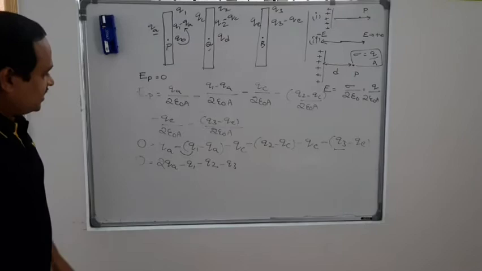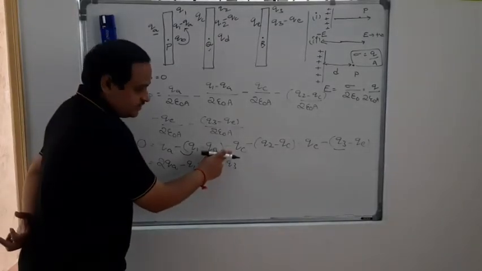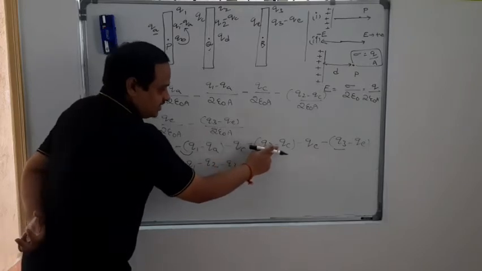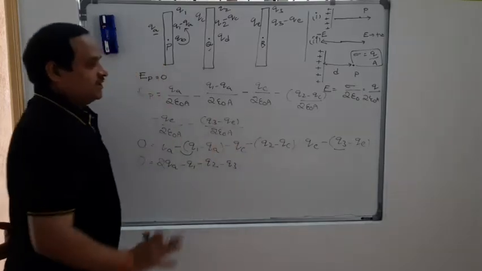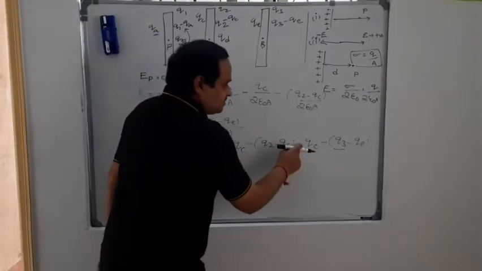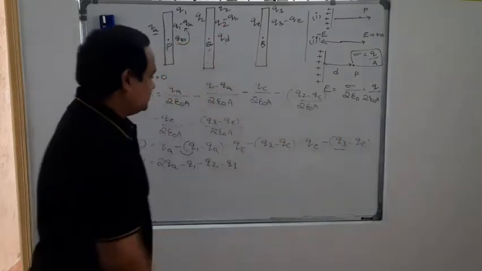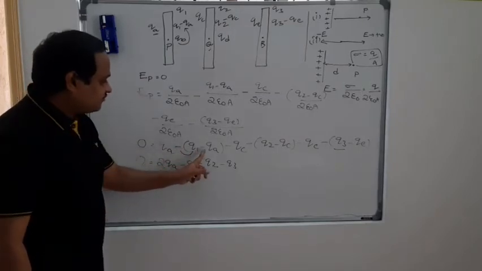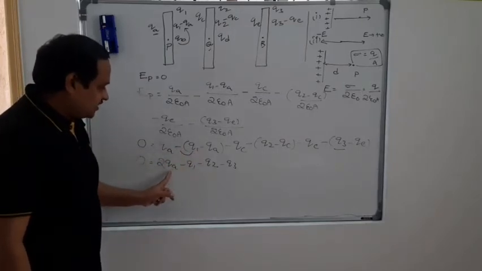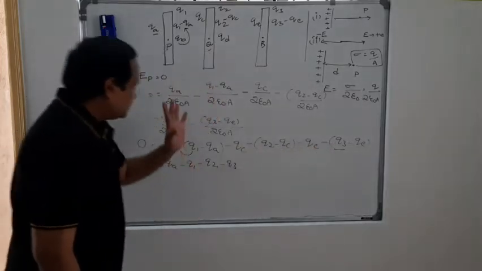Next, what are the leftover things? So this is minus QC and minus of minus plus QC, right? So this minus QC and minus of minus plus QC gets cancelled. And this minus QE, minus of minus plus QE gets cancelled. So the leftover terms here: QA minus of minus is 2QA, minus Q1, minus Q2, as well as minus Q3.